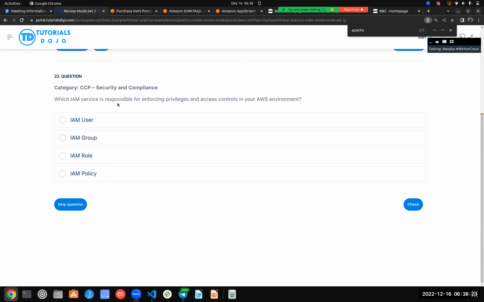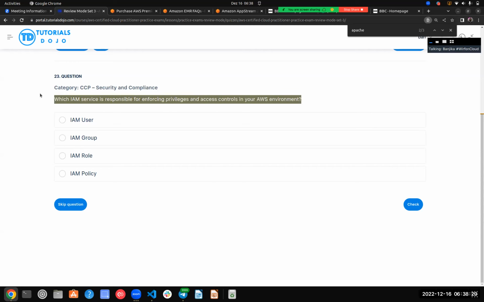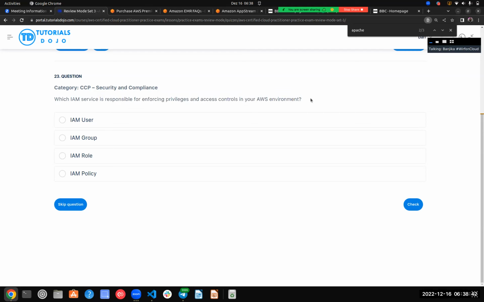Which IAM service is responsible for enforcing privileges and access controls in your AWS environment? So which service enforces privileges and access control? IAM user.